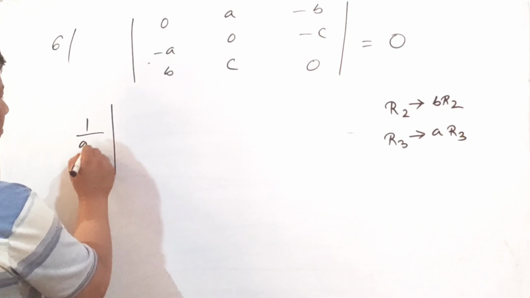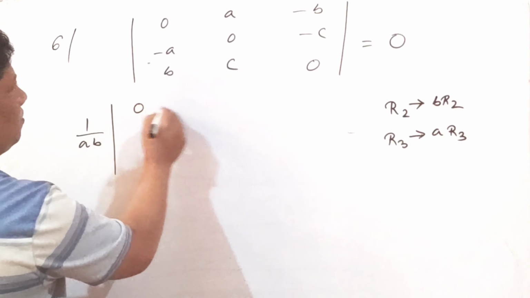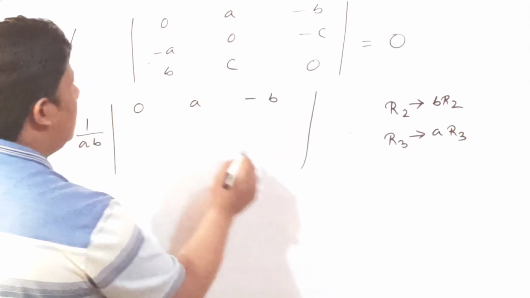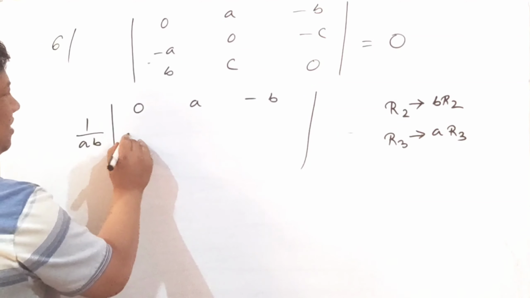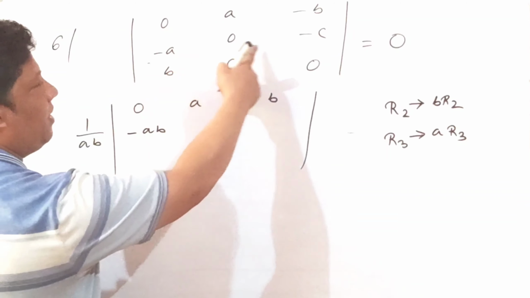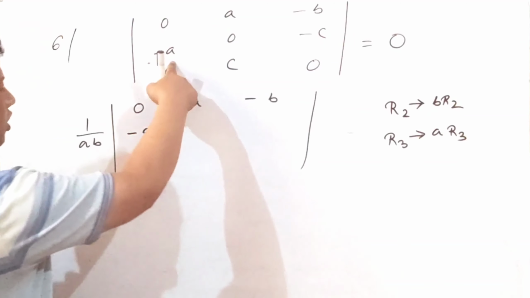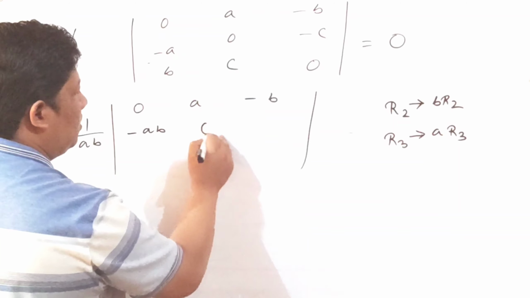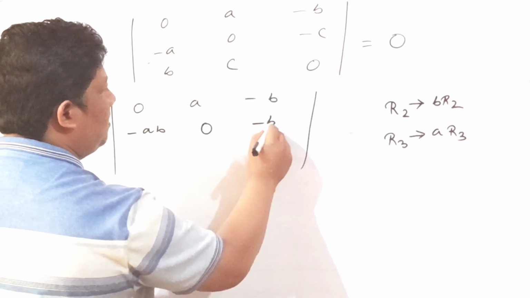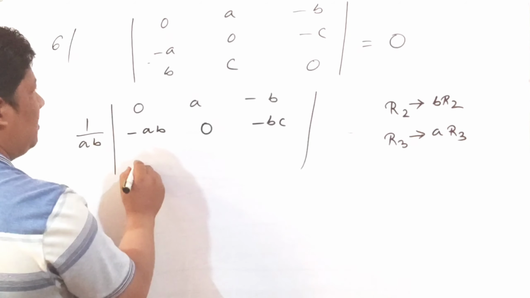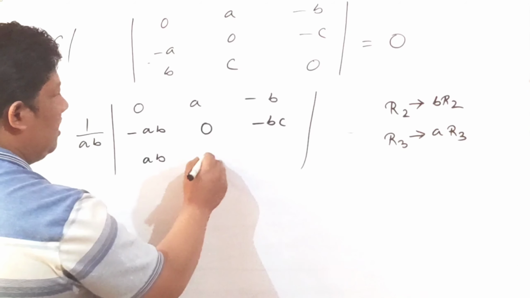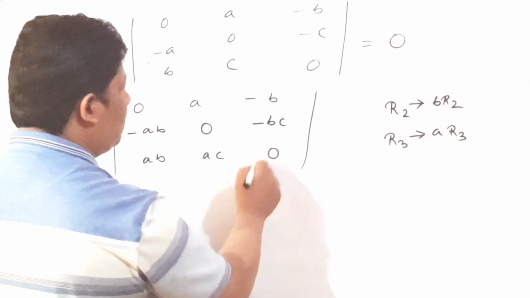So 1 upon AB multiply, 0, A, minus B, and if I multiply this, then I get minus AB, because it is multiplied by B. So you get AB, and this part is equal to 0, and this part is equal to minus BC, and this part is multiplied by A. So I get AB, AC, and this is 0.